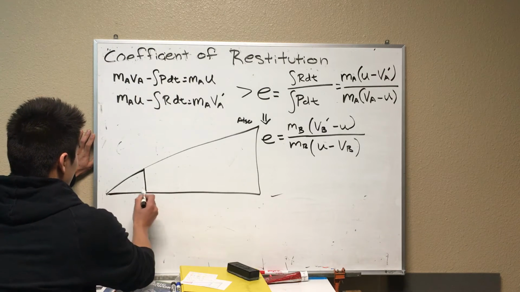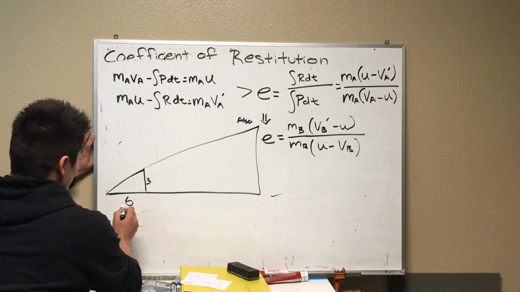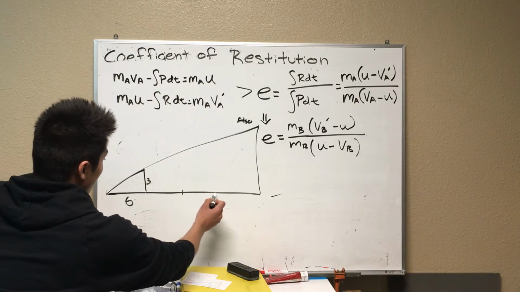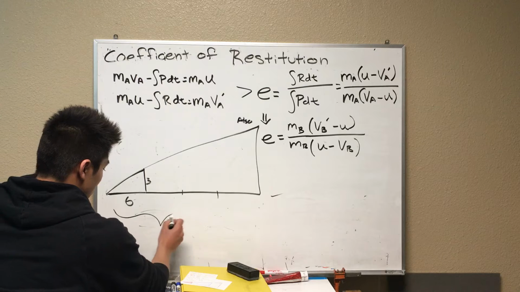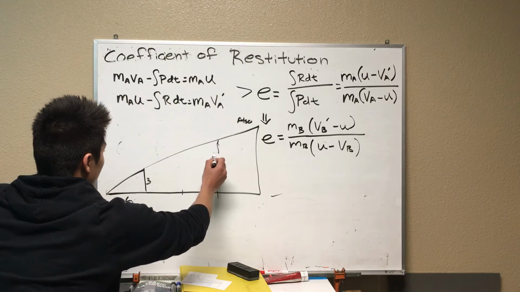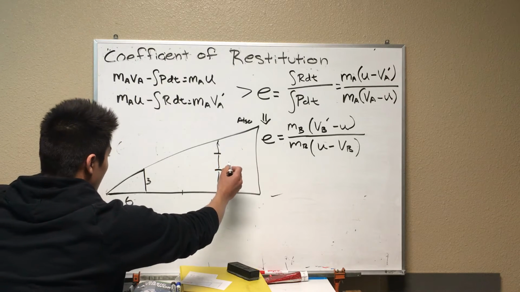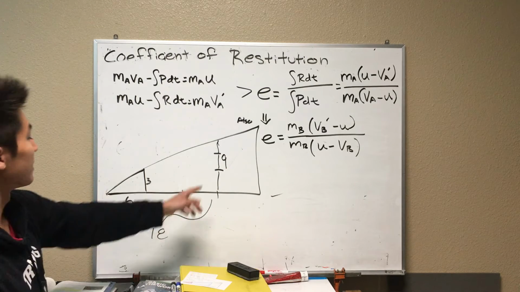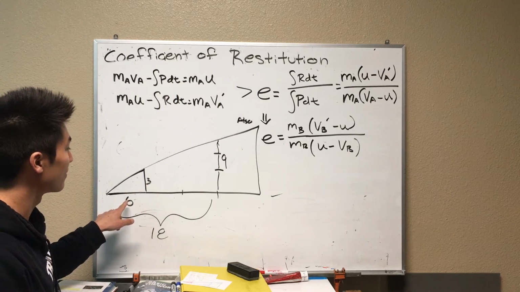Let's say that this is 3, and this is 6, and then if we multiply it by 3, we have another 6 here and another 6 here, and then that'll give us 18, and then we have a 3 here, a 3 here, and a 3 there. Total's going to be 3, 6, 9. And so you can see that 9 over 18 and 3 over 6 is going to be the same thing.